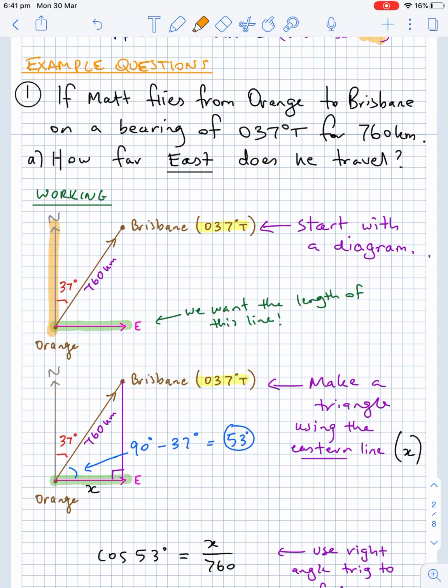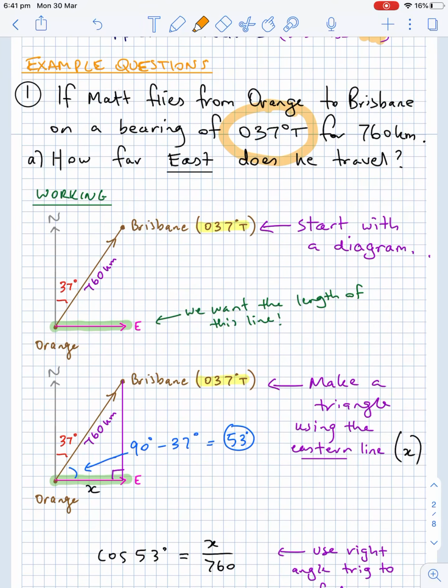We're going northeast, so I put the eastern line in as well. And the idea is we're going on a bearing of 37 degrees, so therefore that's the angle made with the northern line with true bearings. So I put that in as well, this 37 degrees. Also the 760 kilometres I put in as well for the length of that brown line.